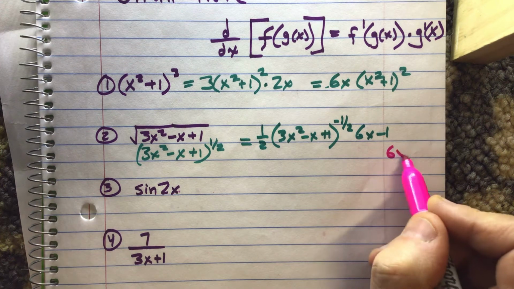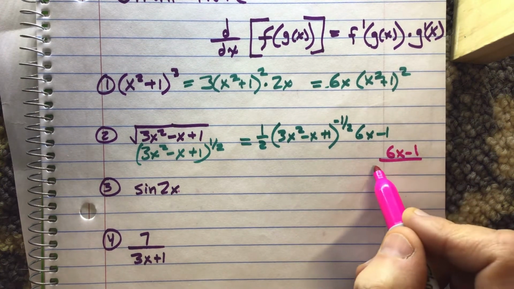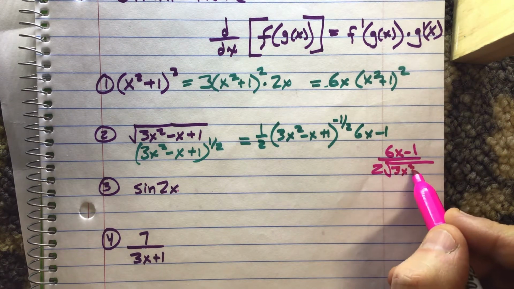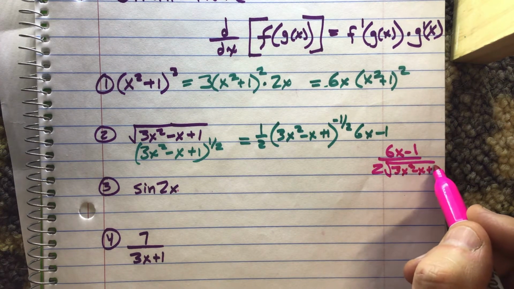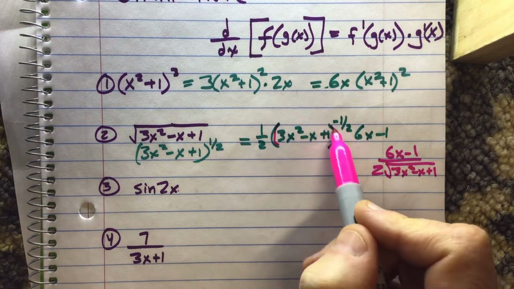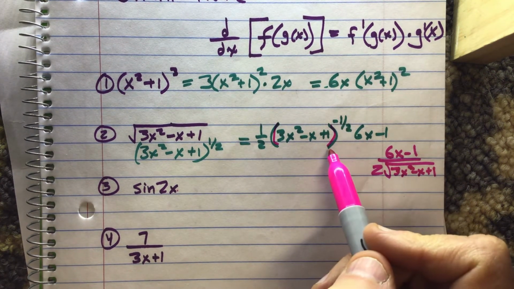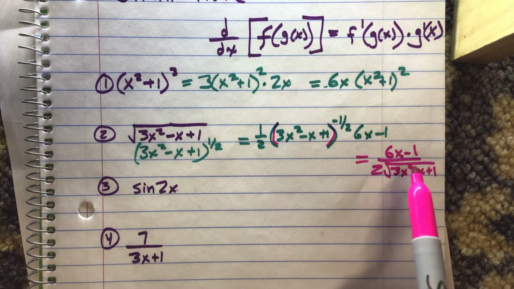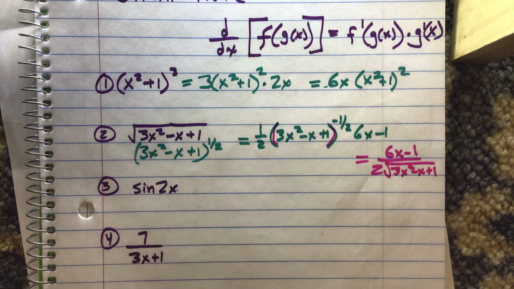I'll have 6x minus 1 over 2 square root of 3x squared minus x plus 1. Right, which is this being raised to the negative 1/2. If I bring it down, it's the positive 1/2, which is the square root. So that's the final answer. That's the derivative of that.